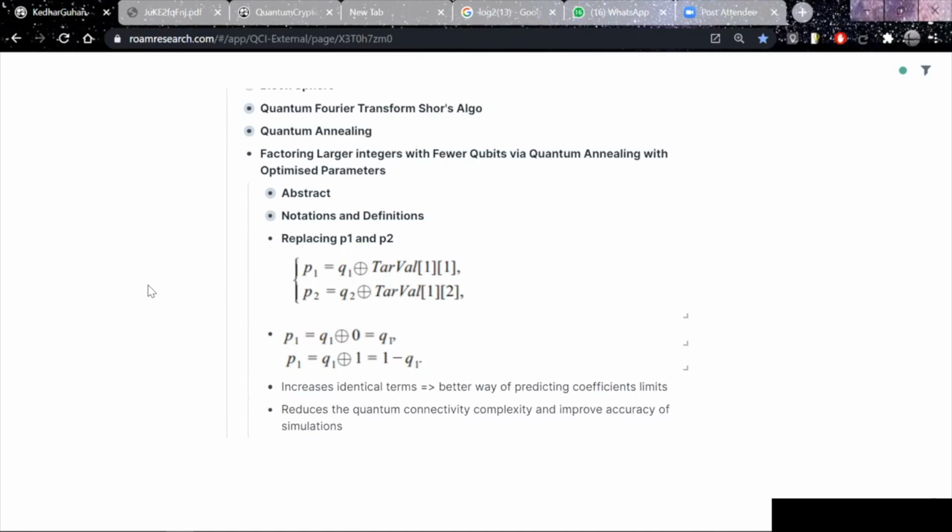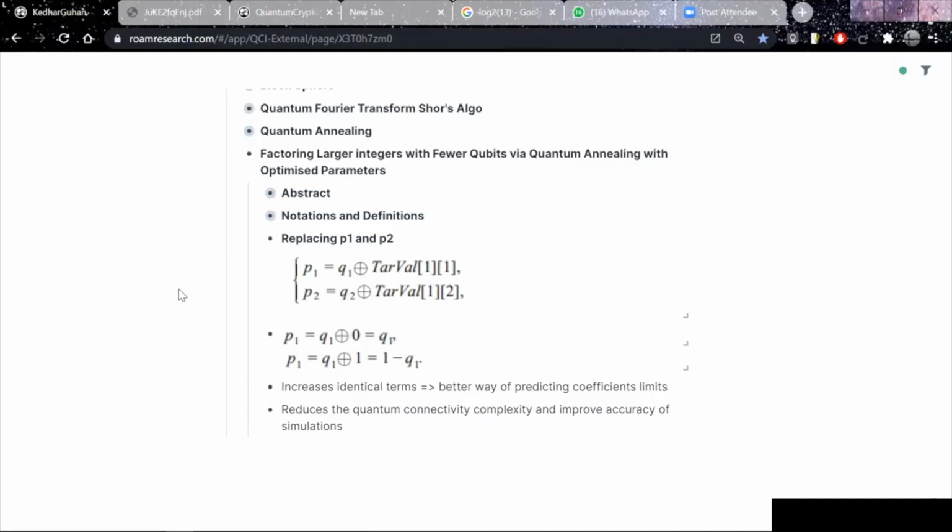Here we start with the problem and define P to be the smaller integer and Q to be the larger integer, the product of which is our problem number n.